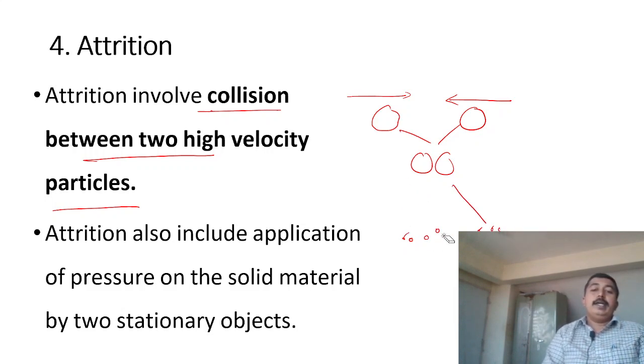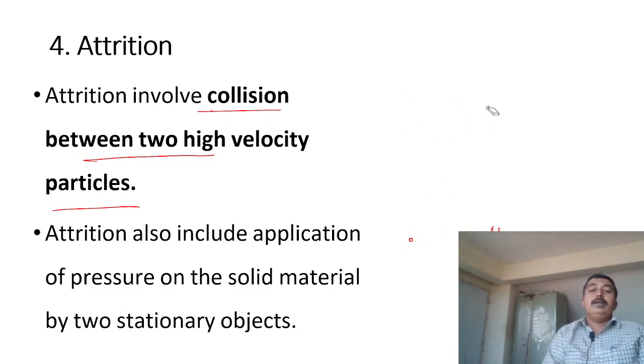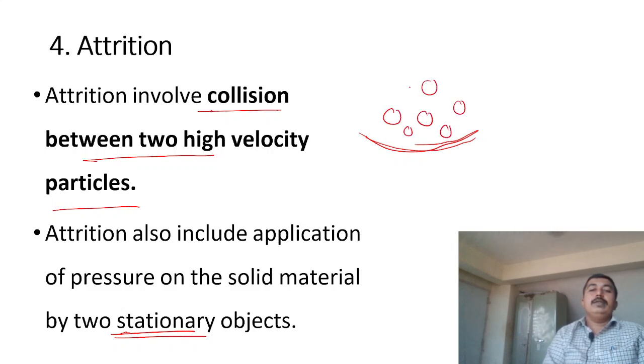The second condition is that particles are broken into fine size between two objects. This is especially applicable in the ball mill. This is the inner wall of the chamber of the ball mill, which contains stainless steel balls like this.